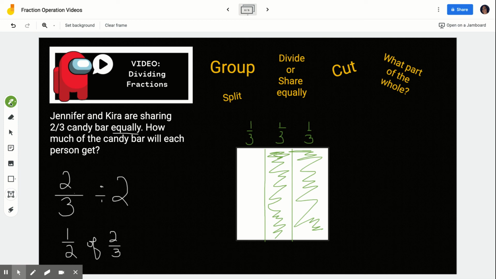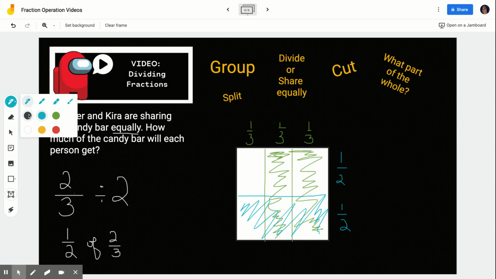Now, 2 people are going to share that candy bar, so I'm going to divide this model into 2 parts, or I could say that's 1/2 and 1/2. And it asks how much each person is going to get, so that's just 1 out of 2, so I'm going to shade just one person's share here, which would be 1 out of 2.